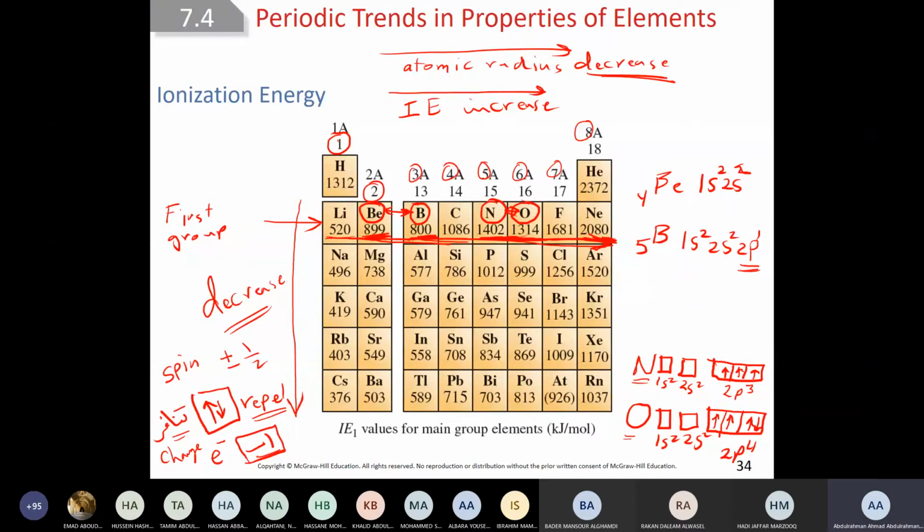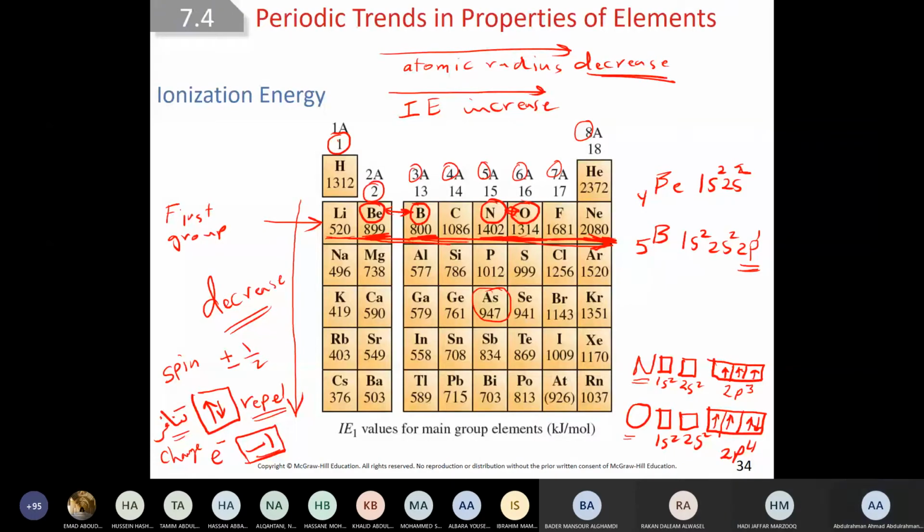So what's the valence of As? 5. When are we expecting to see the highest ionization energy? After 5, which is 6. Exactly.